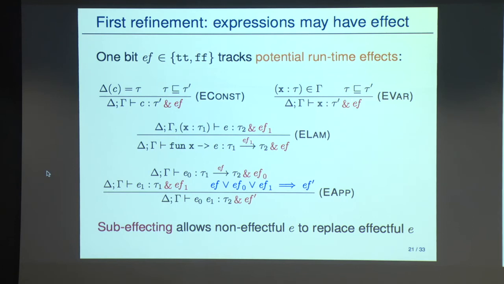It's a free variable, so you can put either the true or the false bit in there. I'll annotate the typing arrow with a little effect as well, saying, well, once I apply this function, it may have this effect. And finally, what you were waiting for, the application expression. When you evaluate an expression, well, it may have an effect if either of these constituents may have one, right?